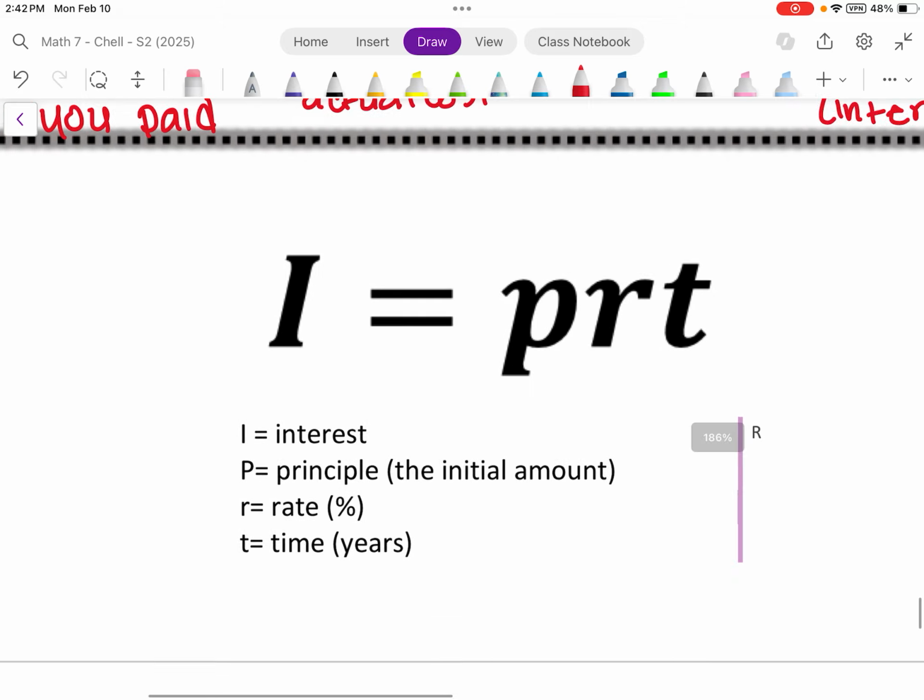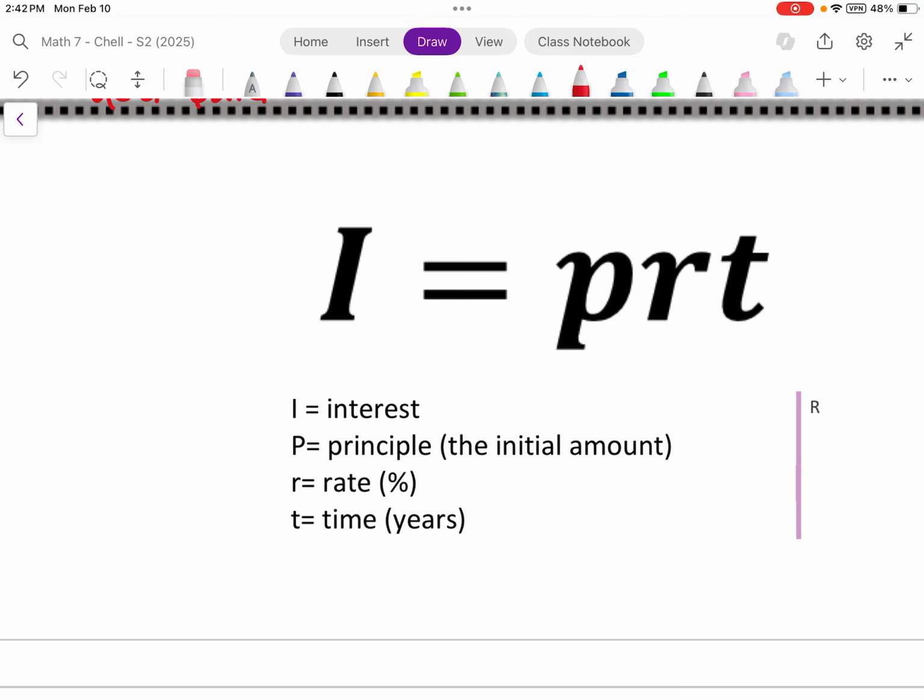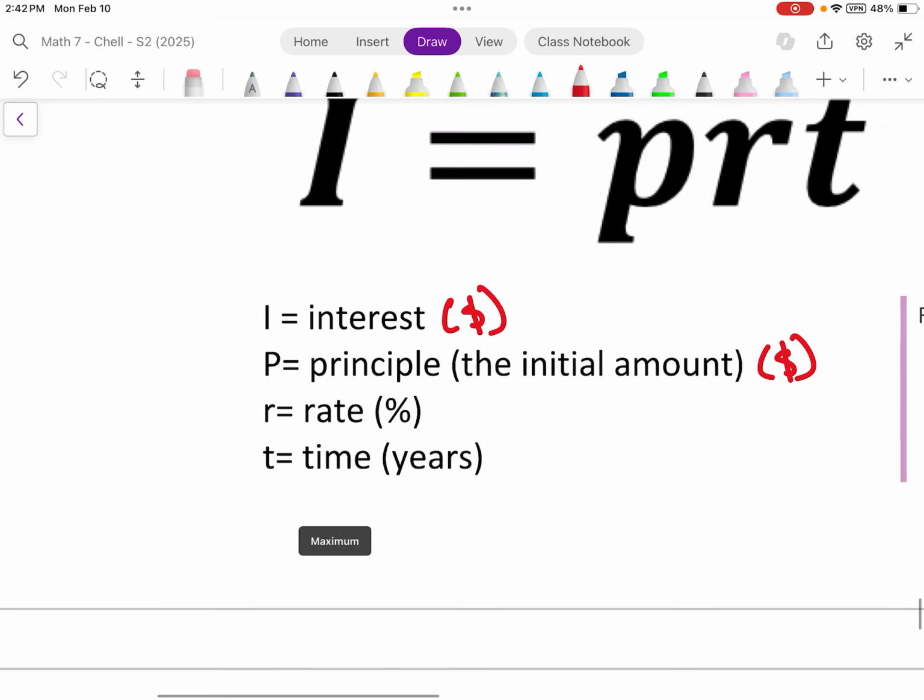When we focus on simple interest, we have the interest, which is going to be in dollars. Then we have the principal, which is the initial amount or whatever money you invest or you begin with, which is also going to be in dollars. Then we have the rate.